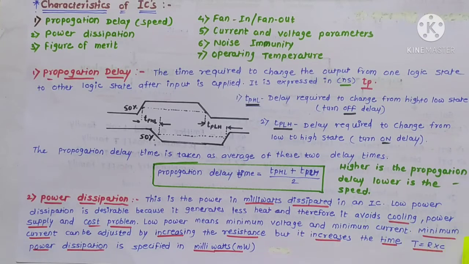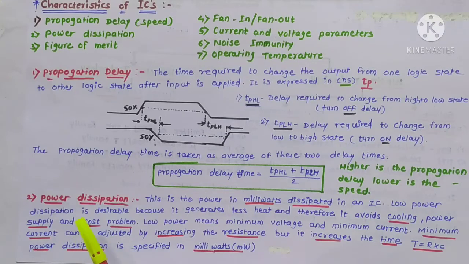And we know that if minimum current is required, that minimum current can be adjusted by increasing the resistance. But as there is an increase in resistance, T is equal to R into C. By using this equation, we can say that as resistance goes on increasing, the time delay also goes on increasing.